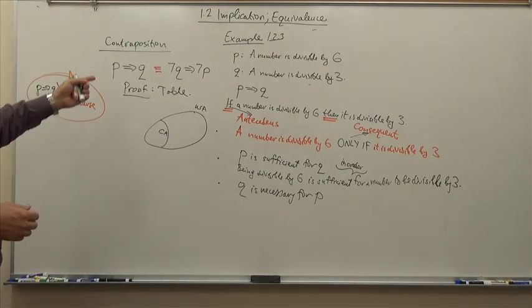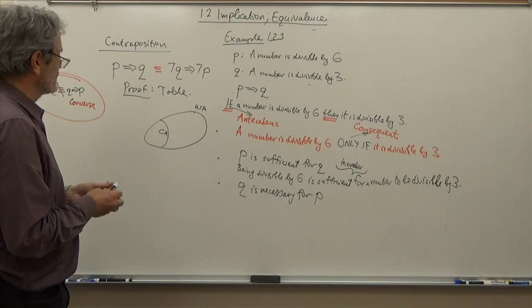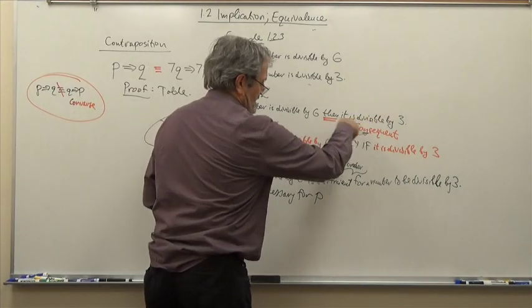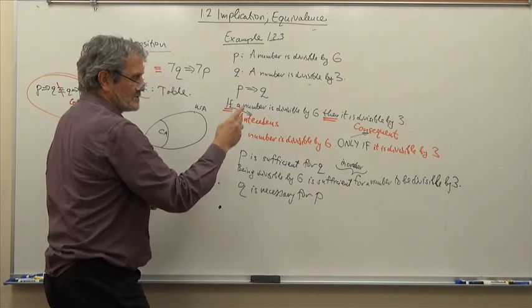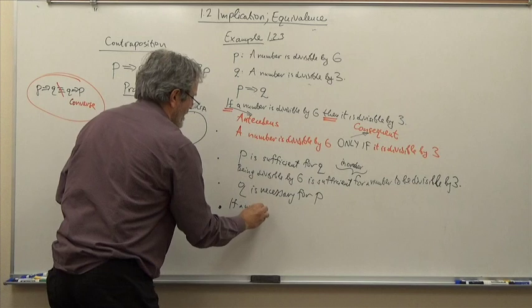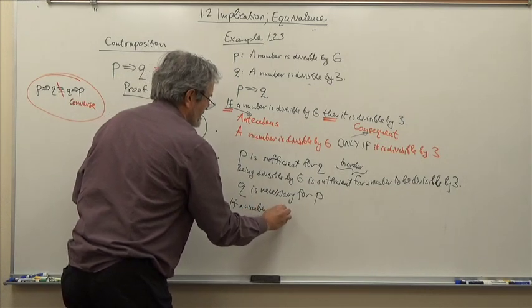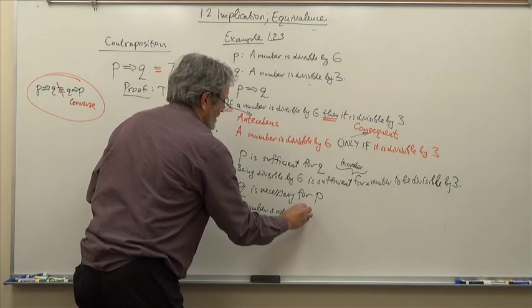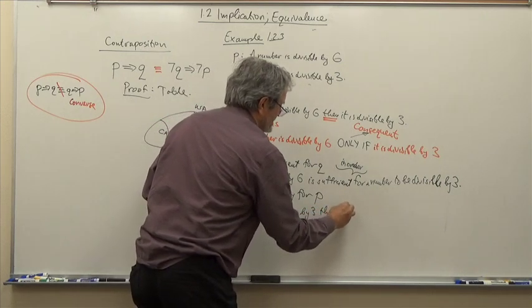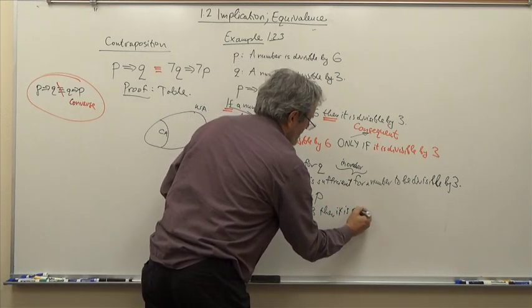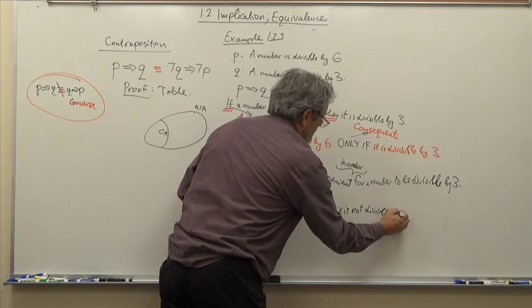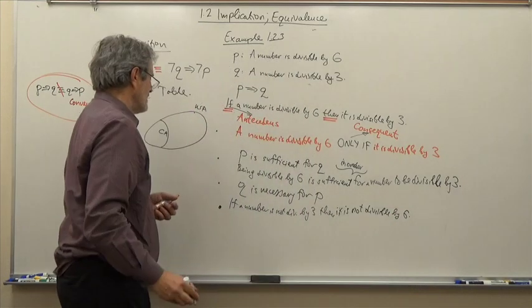Let me also illustrate how contraposition works. In this case, we flip them and do negation. So if a number is not divisible by 3, then it is not divisible by 6.